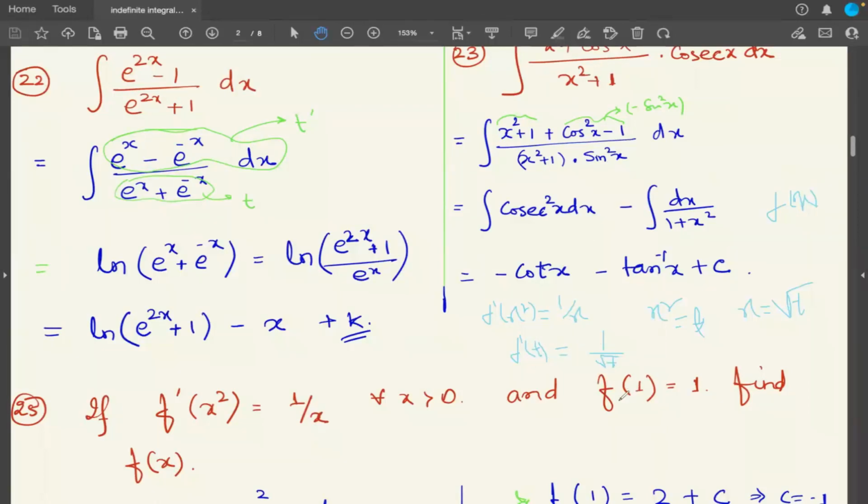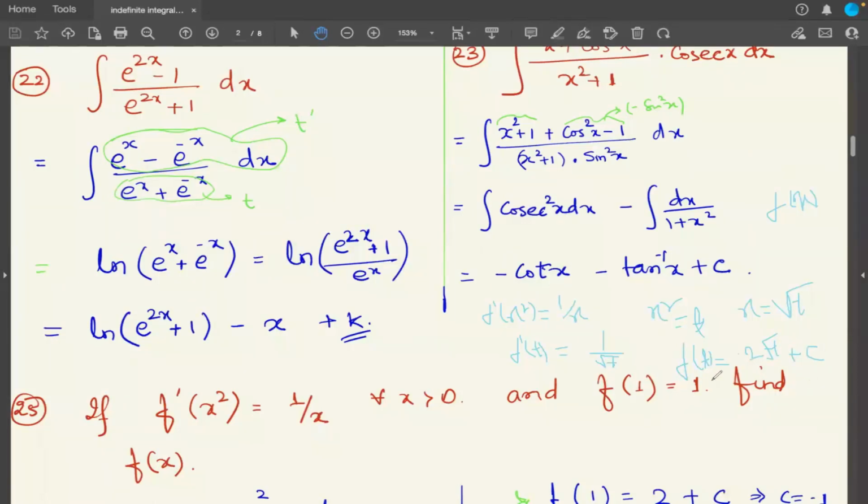Now I know that f1 is equal to 1. If we integrate this function, we get f of t is equal to 2 root t plus some constant. Now how to find the constant?